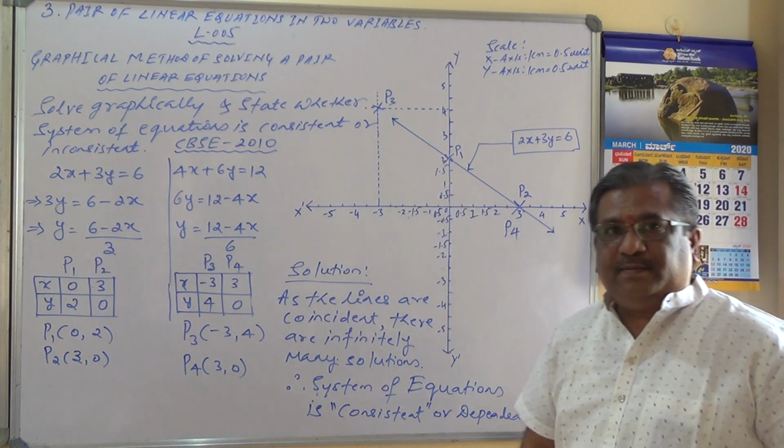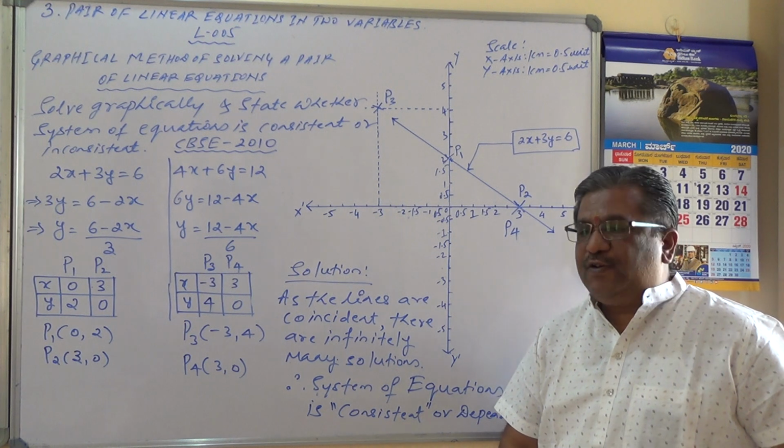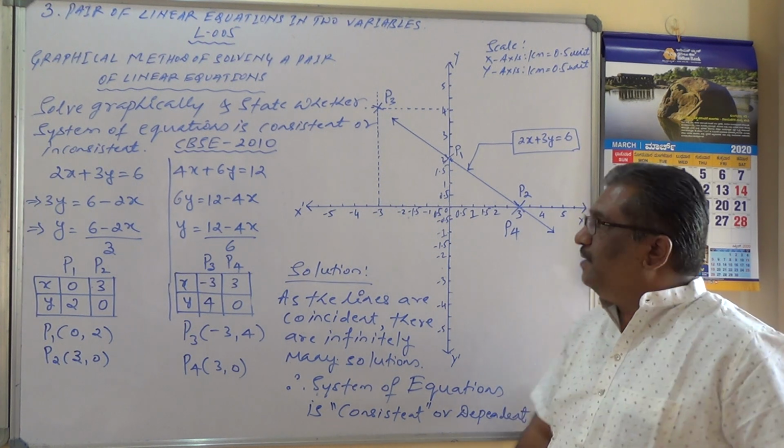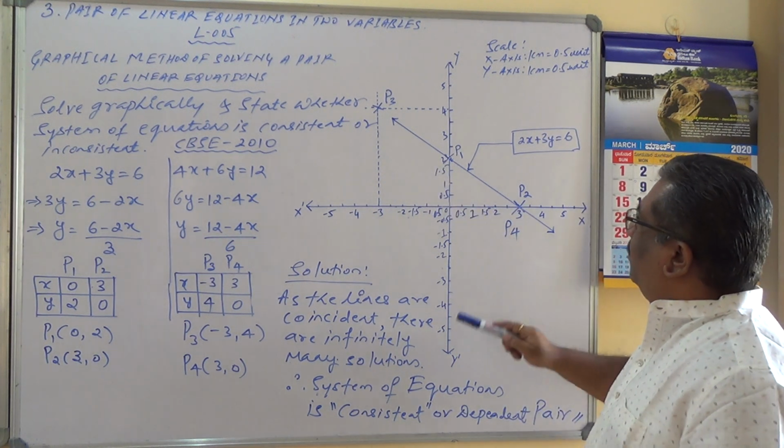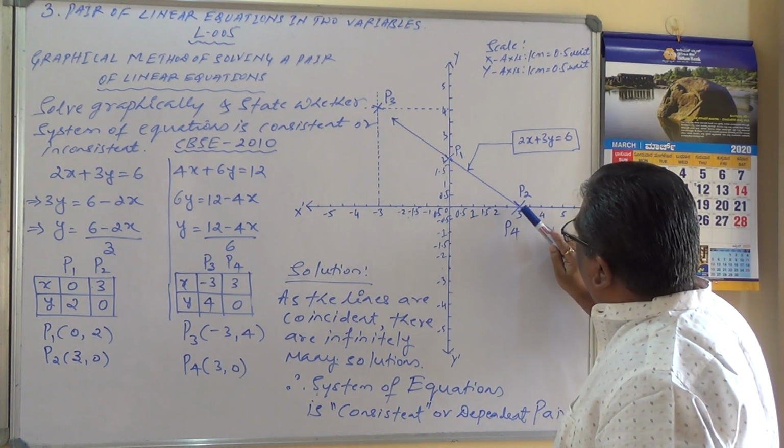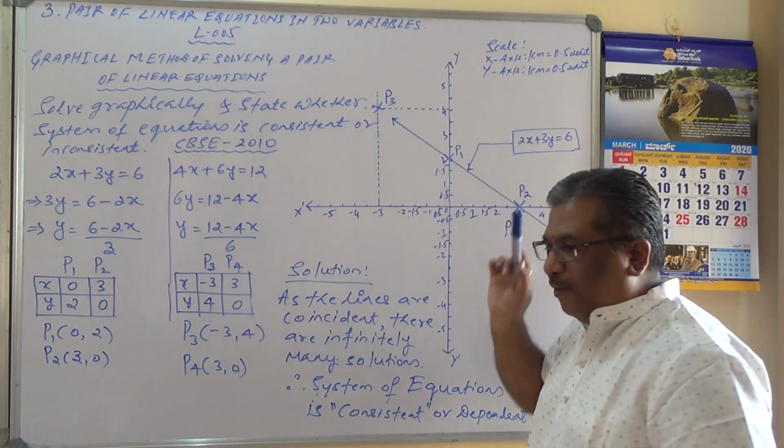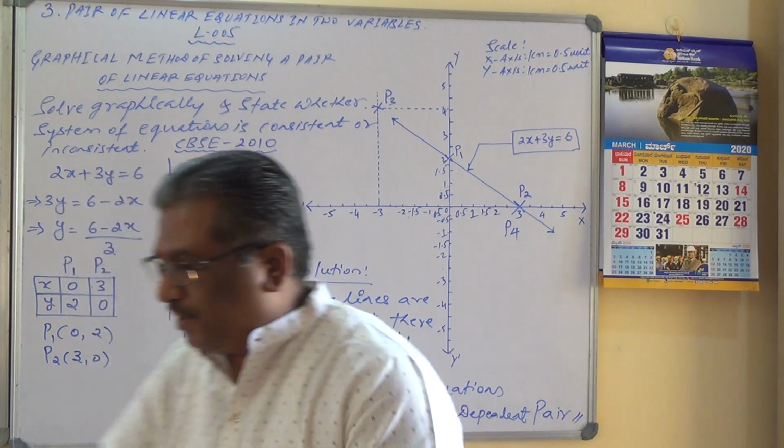What do you observe here? Are these not coincident? Yes, definitely these are coincident. Therefore, I will extend from here to here, I join now. You can see these are coincident.